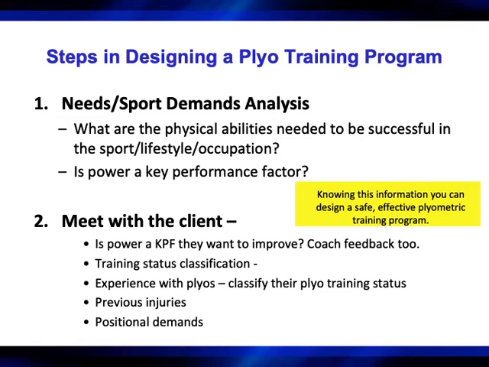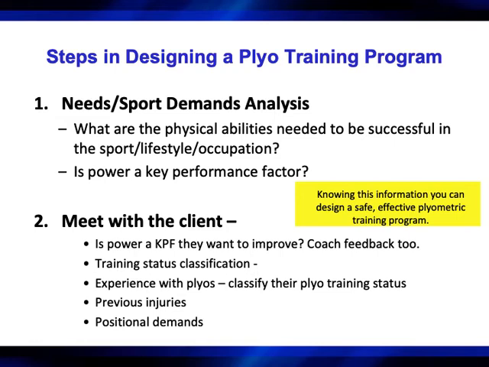Second of all, you meet with your client. Is power a key performance factor they want to improve? Get the coach feedback too. You want to classify their training status. Also determine their experience with plyos and you classify their plyo training status, which we'll talk about in subsequent slides. Talk about previous injuries, current injuries, positional demands.